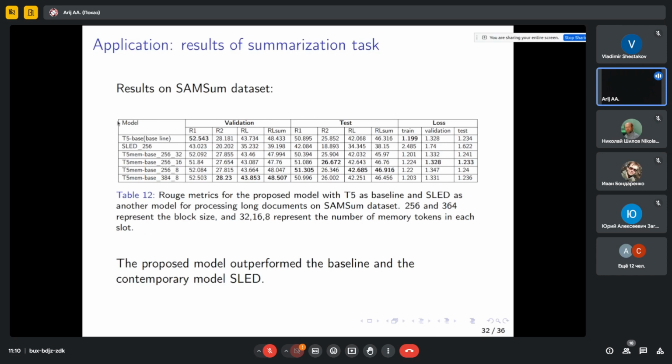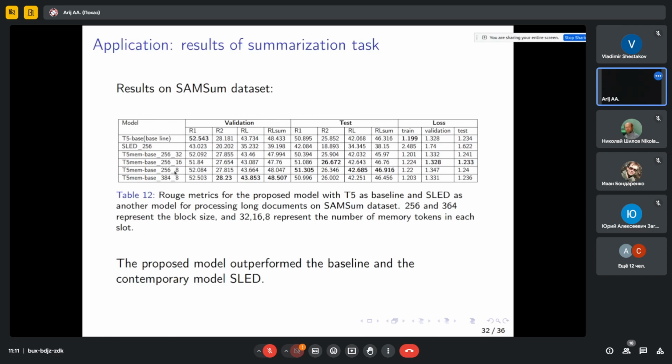So I have tried to use a chunk of 256 and increased the chunk length. And I have also tried different memory slot sizes.